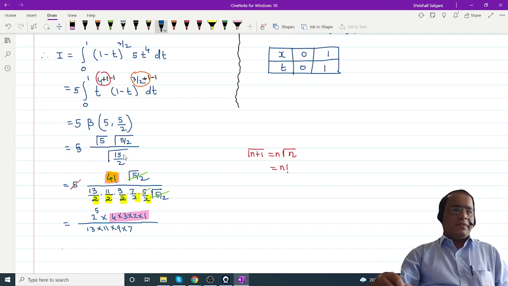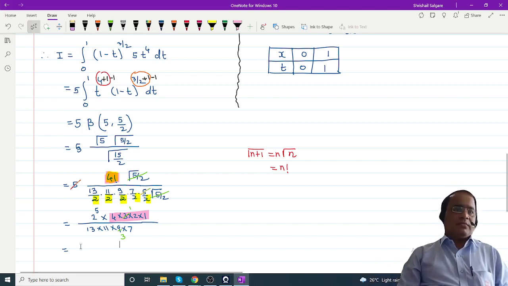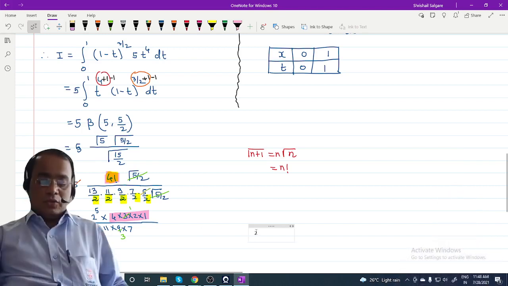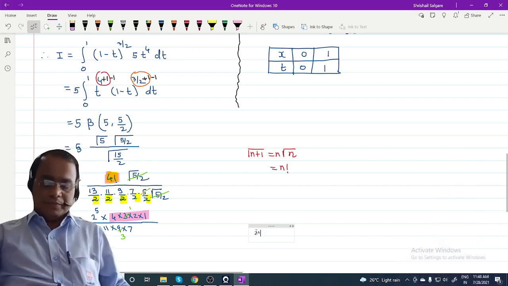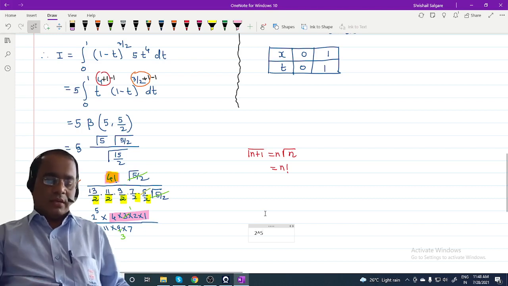So further, if you simplify, what is the simplification possible? 3 ones are 3 and 3 threes are 9. Can anyone help me to write this term? The numerator, if required, here I will calculate. 2 raised to 5, I have to use brackets then. Someone should calculate when I am using one note. 2 raised to 5 multiplied by 4 multiplied by 2.